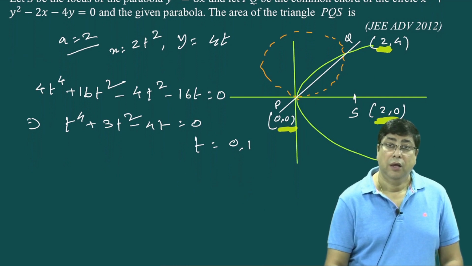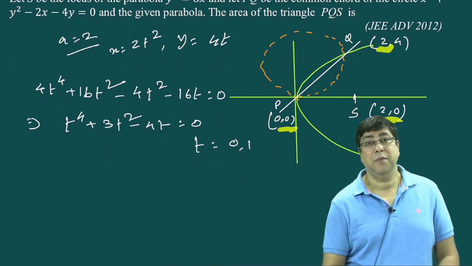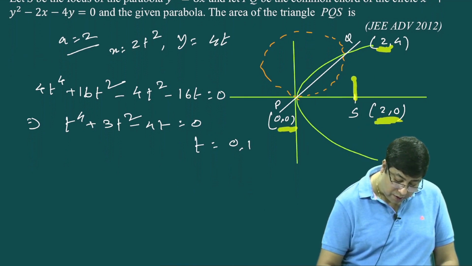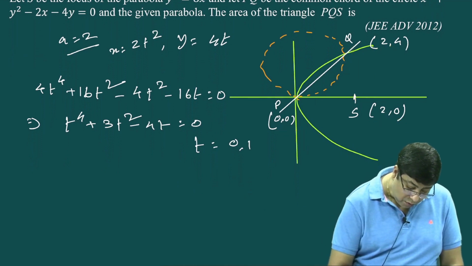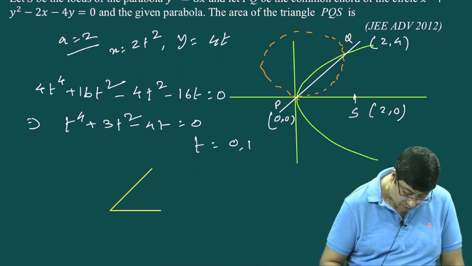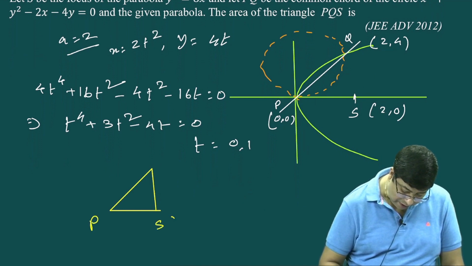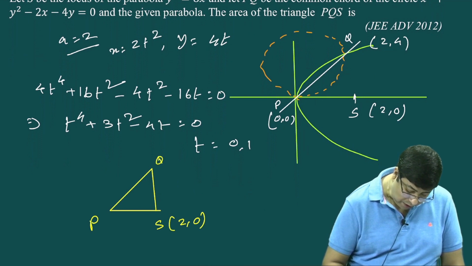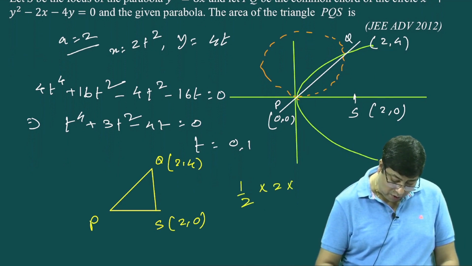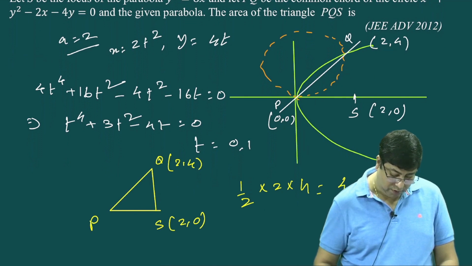It means Q and P have the same x coordinate, so the PQ line is perpendicular to the x axis. Separately I am drawing: this is the point P 0, 0, this is the point S 2 comma 0, and this is the point Q 2 comma 4. So the area can be obtained very easily. This is half base into altitude, so this is coming to be 4 square unit.